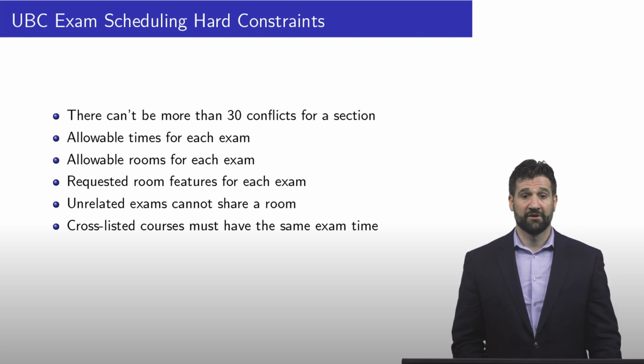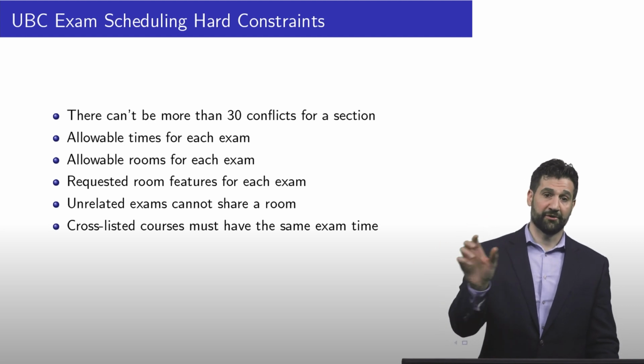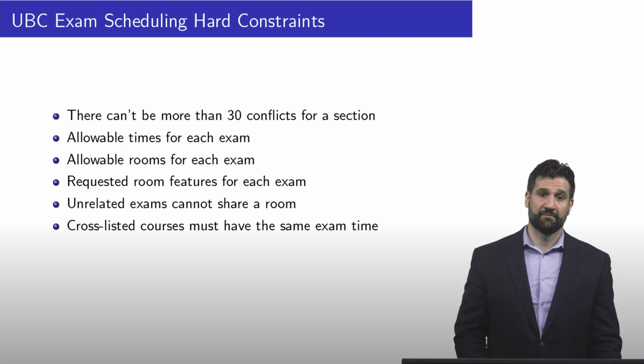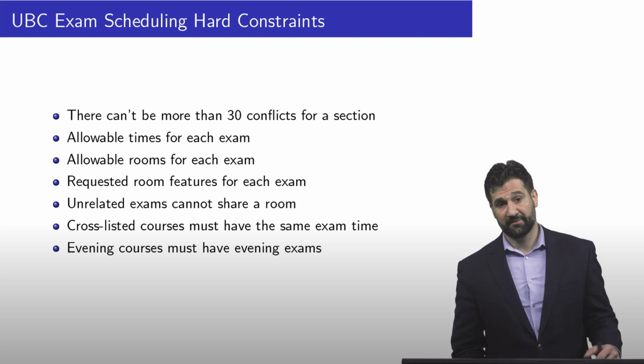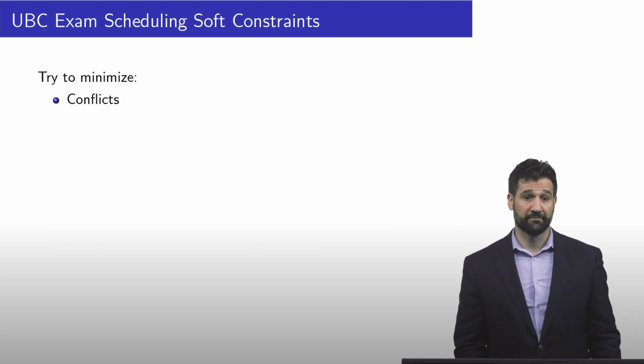Cross-listed courses may have the same exam time. So if we have a course that, let's say, is cross-listed for both computer science and EE, that would actually be permitted. Evening courses must have evening exams to account for things like students who are working during the day.